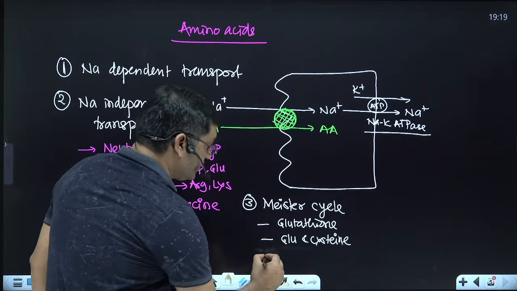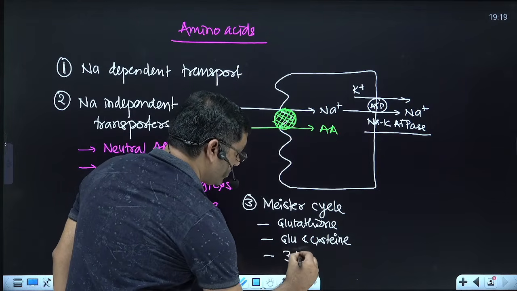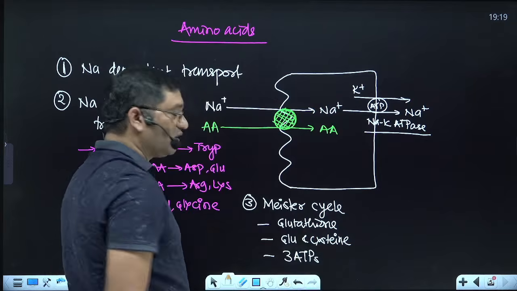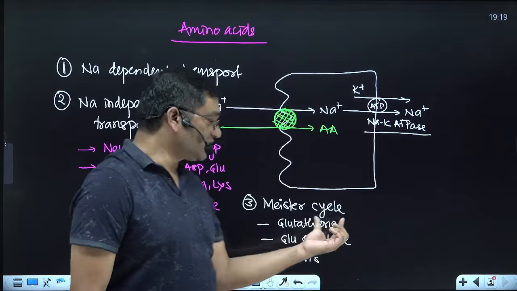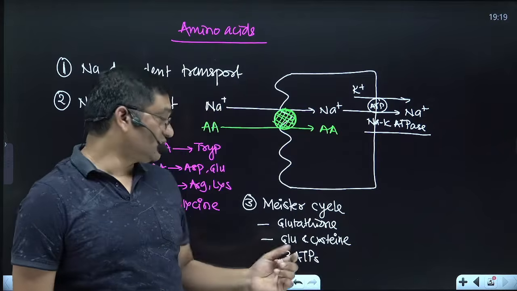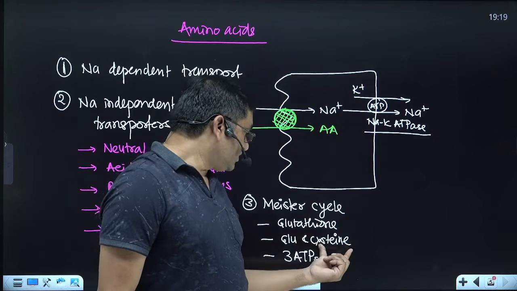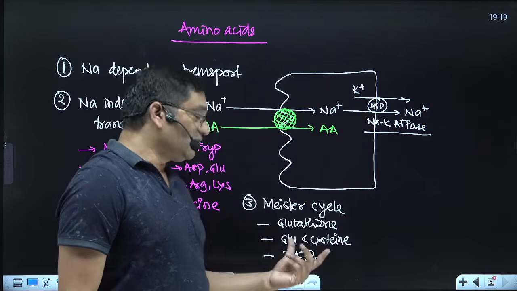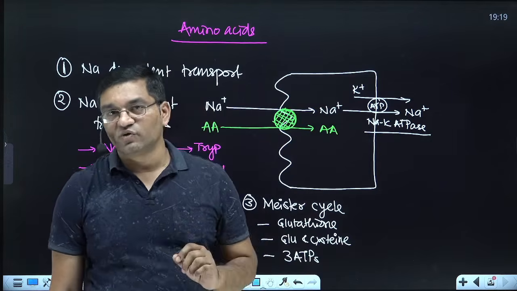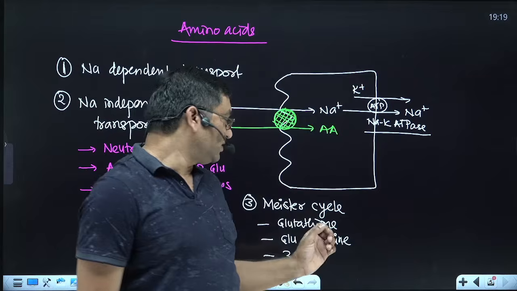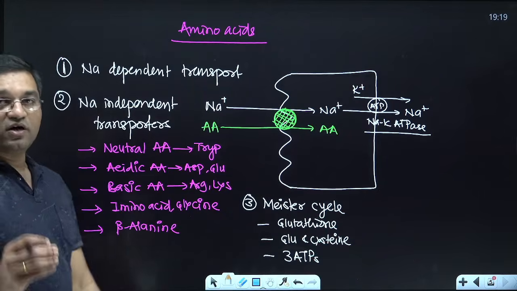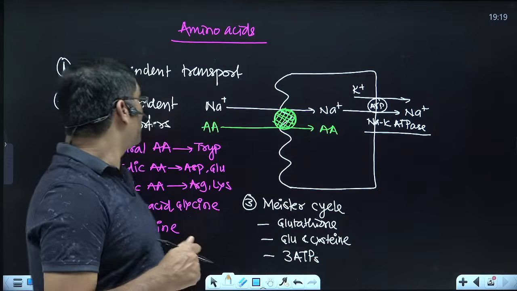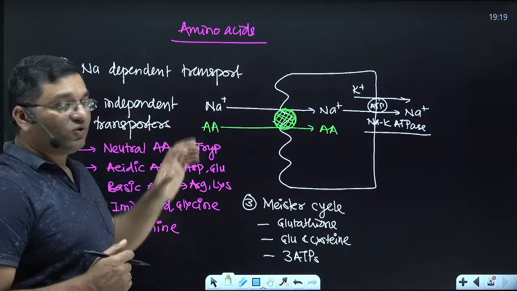There is a requirement of 3 ATPs for the transport of a single amino acid. Glutathione is gamma glutamyl cysteine glycine. Glutamate and cysteine are absorbed by this cycle, and 3 ATPs are required for the absorption of a single amino acid. So these are the 3 modes of absorption of the amino acids.